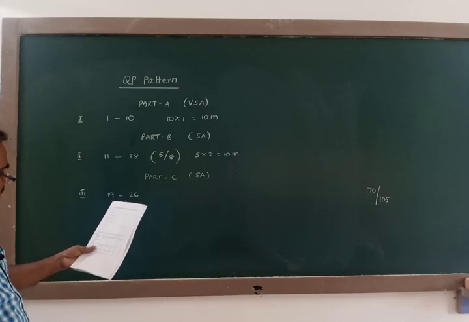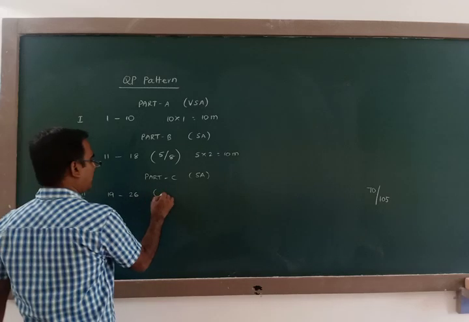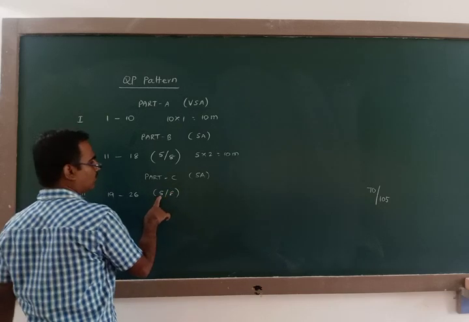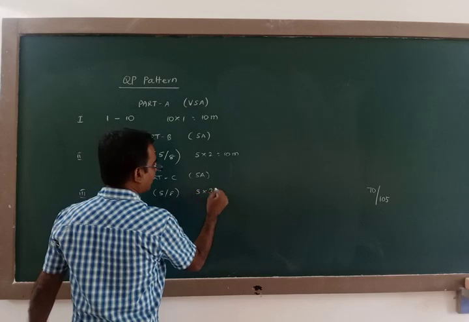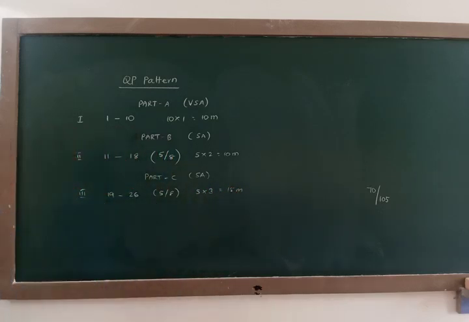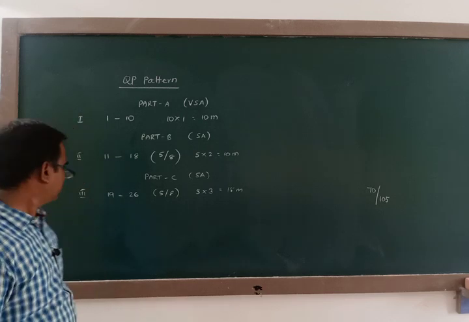Question number 19 to 26, there are 8 questions. Out of these 8, you have to answer any 5. Each question carries 3 marks. So this is for 15 marks.